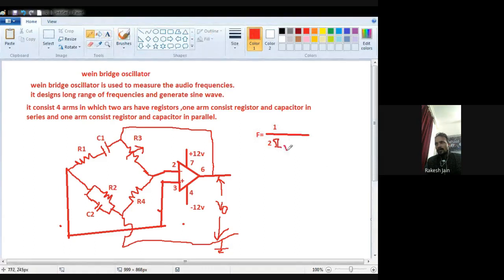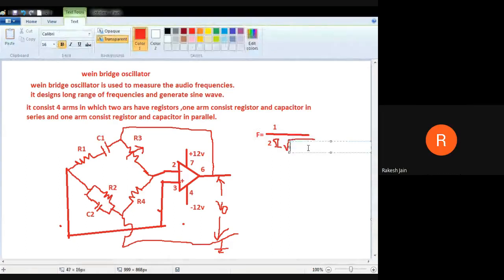As I have already told during the theory of the Wien bridge oscillator, the frequency of oscillation formula is 1 upon 2 pi root of R1 C1 R2 C2.